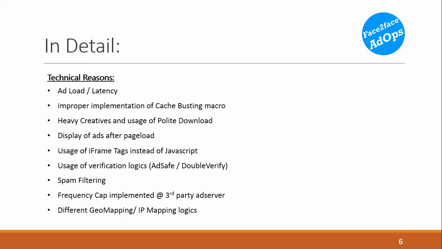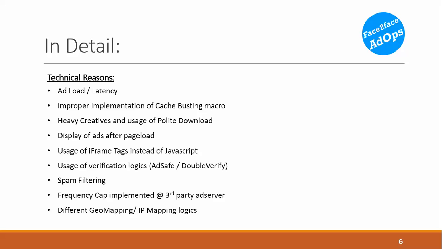And in order to prevent and bring down the frauds happening, frequency cap is sometimes implemented at the third-party ad server, which shouldn't happen. Third-party ad server is the agency side ad server. First-party ad server is the publisher side ad server. Any targeting, any restriction which is to be implemented always needs to be done at the first-party ad server, which is the publisher side.